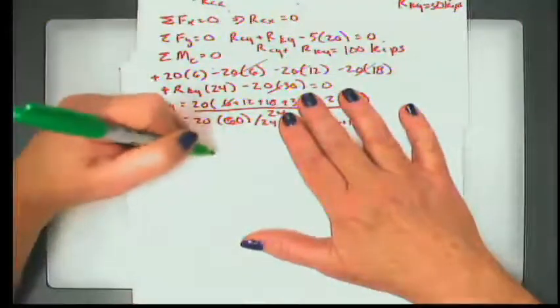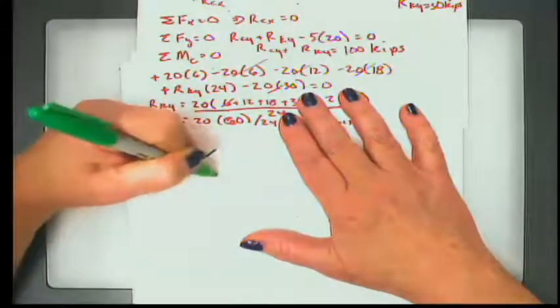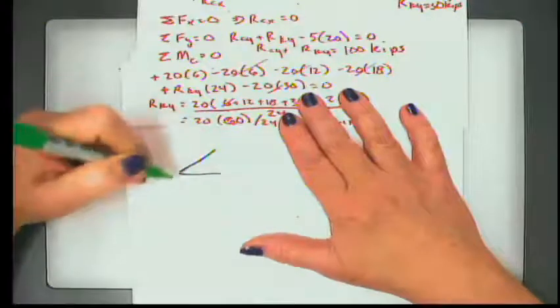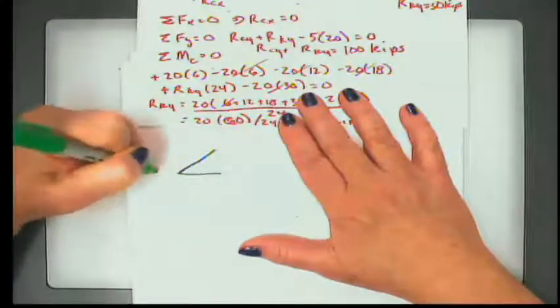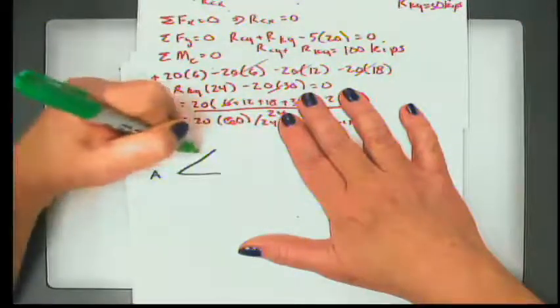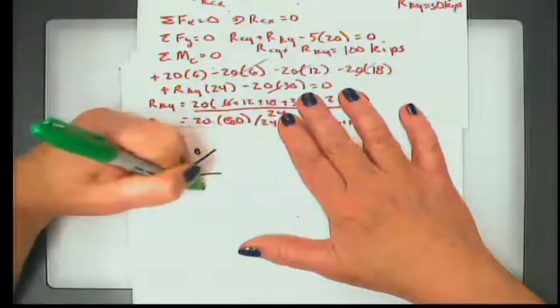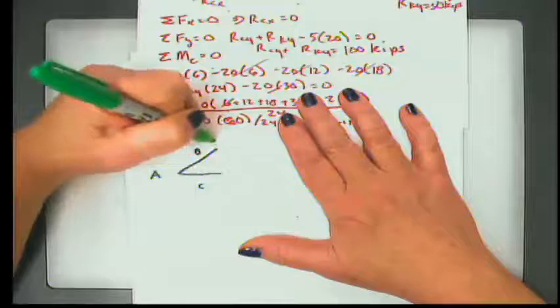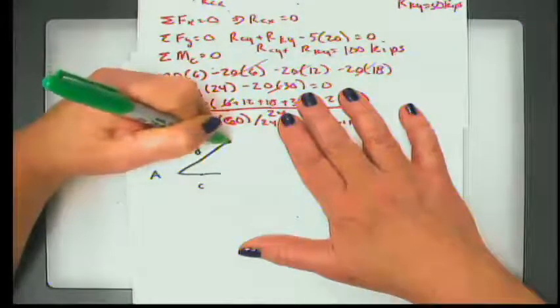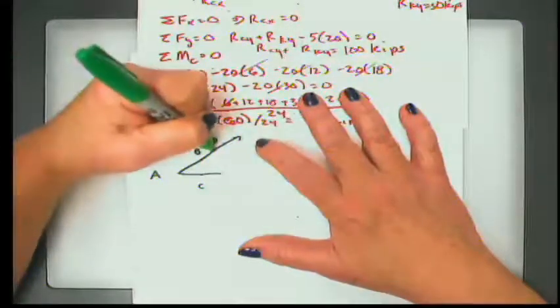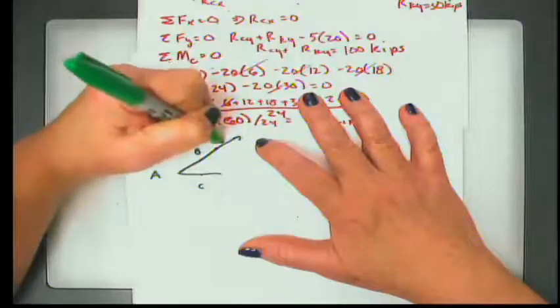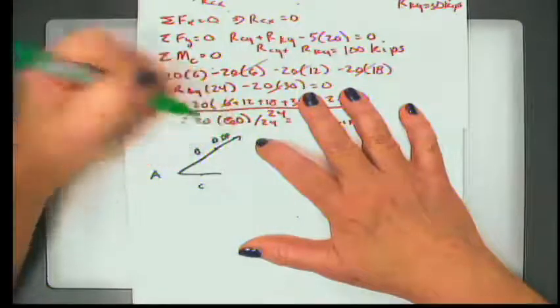All right, so what I'm going to do is draw the piece of the truss that is to the left of my cut. This is point C, this is point D, and then what I have here from D to F is the force in DF.